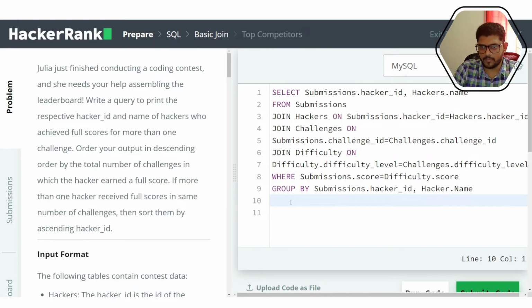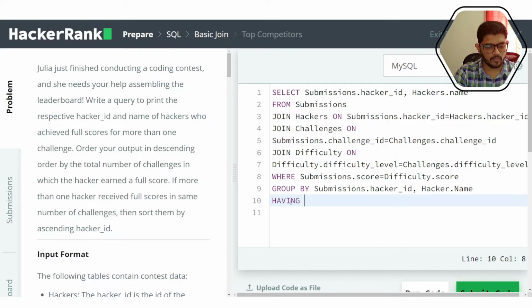Another filtering we have to do, and we have to be a little bit careful here, because you can't use another where clause. As you all know very well, once we apply a group by statement, we cannot use where clause. We will have to use having instead. It does the same thing, but having works on aggregates, whereas where does not work on aggregates. That's the only small difference.